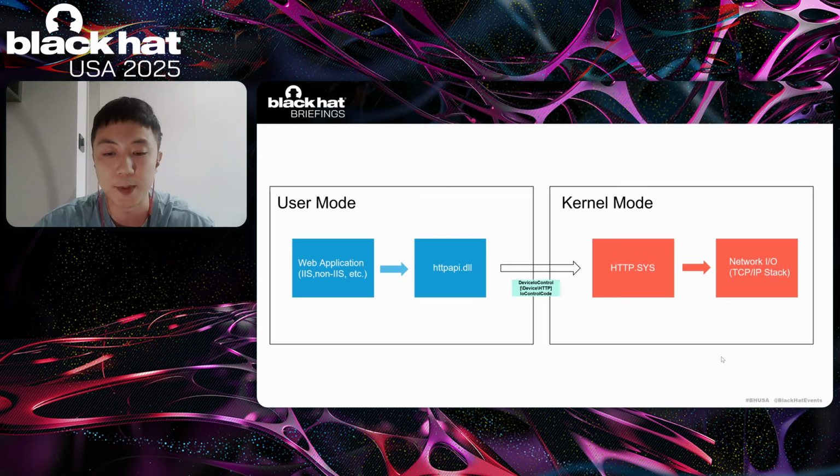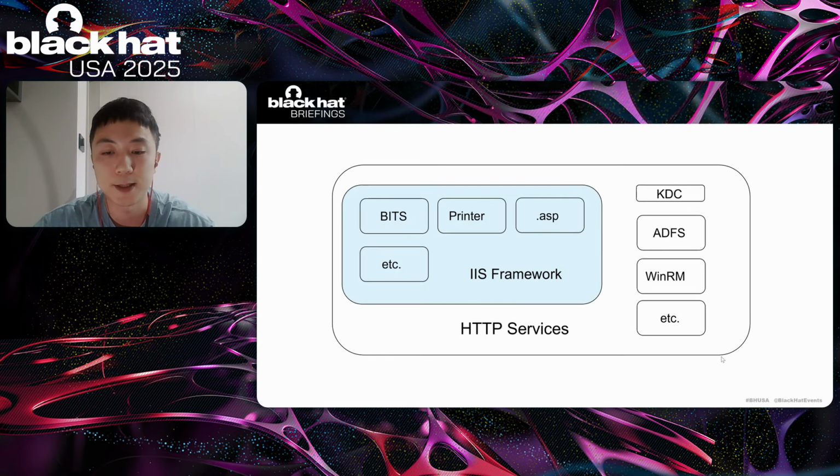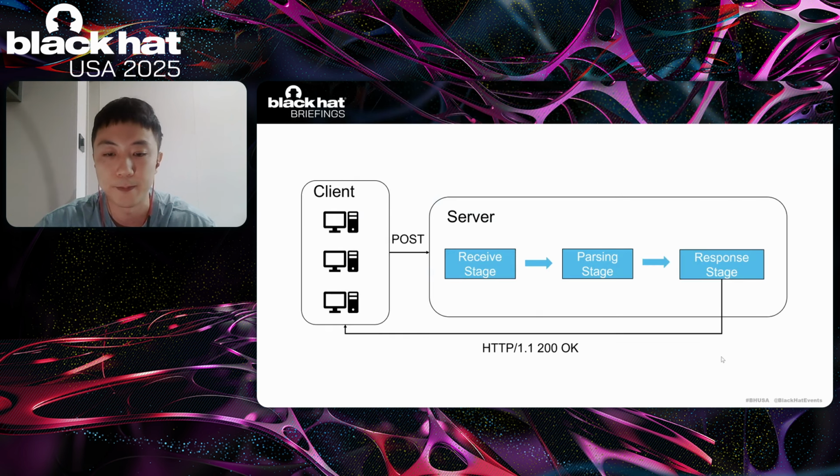Finally, HTTP.sys handles tasks like receiving and sending HTTP protocol data. Here's a simple framework of HTTP services. All Windows HTTP services based on HTTP APIs work under this scope.